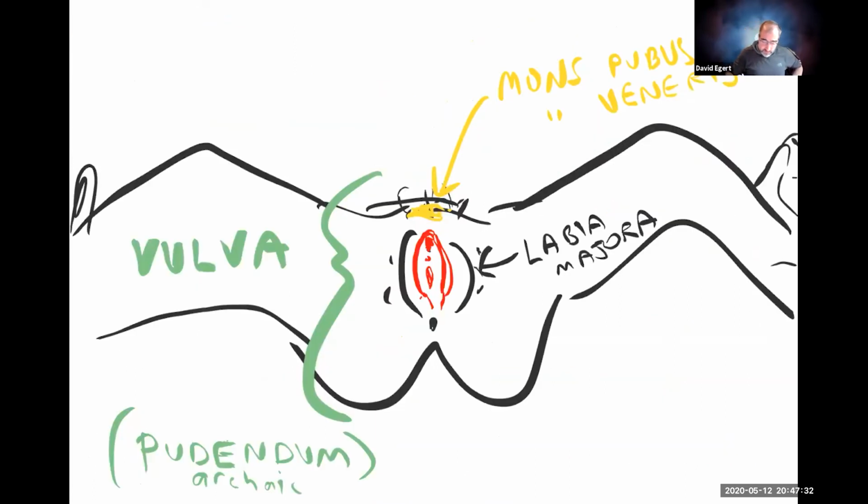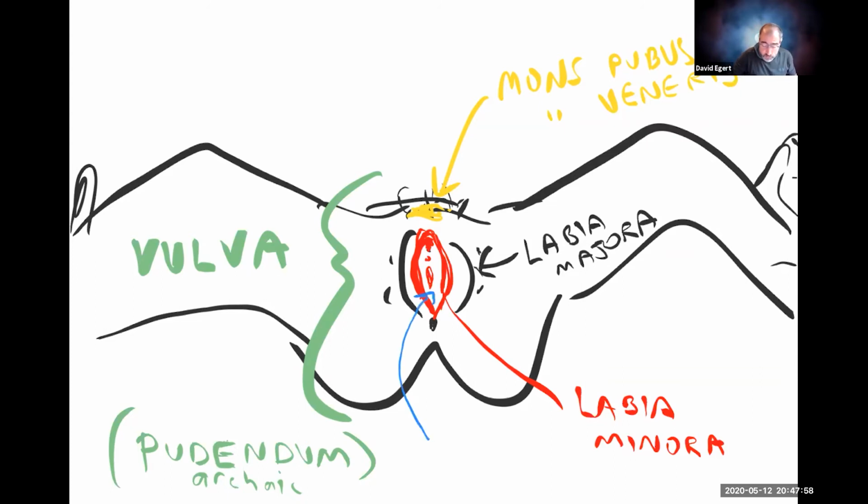So back here, you've got the labia minora. These are hairless, usually darker colored. These frame off what we call the vestibule, the little region where you're going to have the vaginal opening and the urethra and the clitoris and all that.